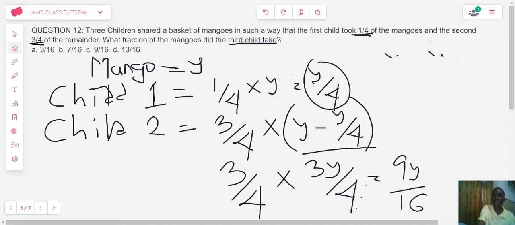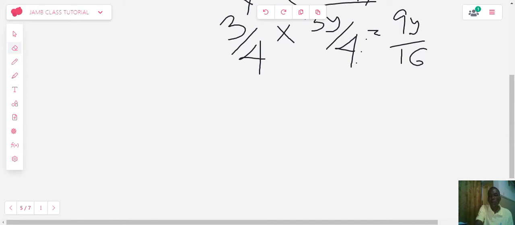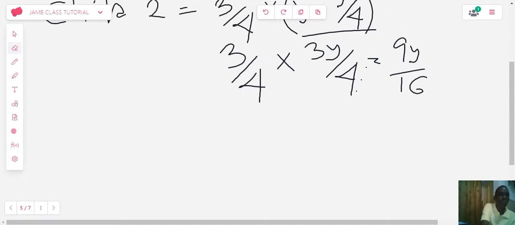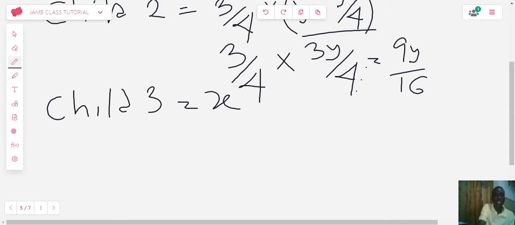Now, we want to look at the third statement, which says, what fraction of the mangoes did the third child take? Now we will be concentrating on child 3. We'll assume that the third child took x mangoes.